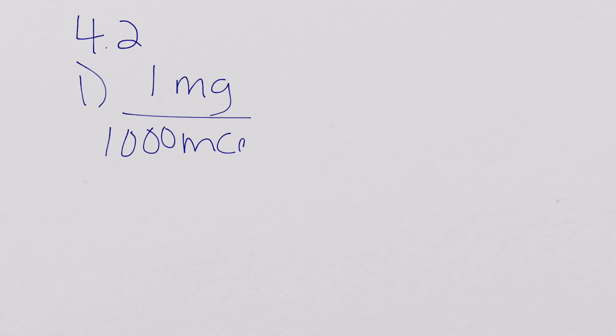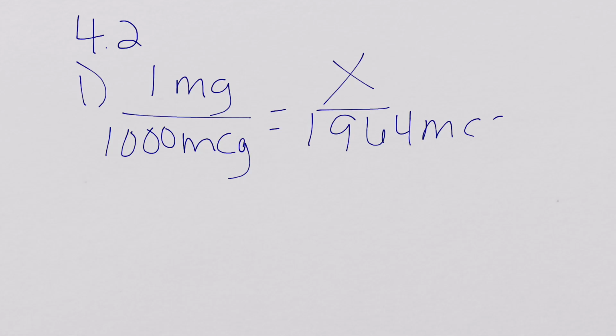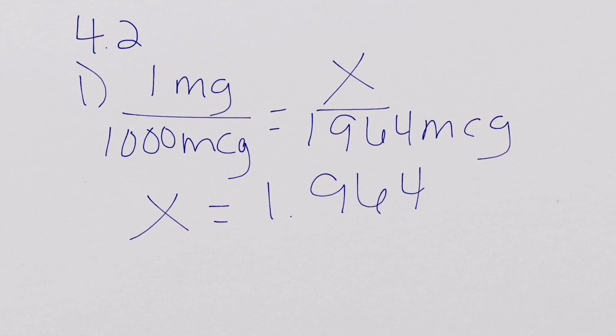So, start out with what we know, which is our conversion factor. 1 milligram is equal to 1,000 micrograms. So we're trying to figure out how many milligrams is in 1964 micrograms. And when you cross multiply and divide, like we've been doing, it should be 1.964 milligrams.